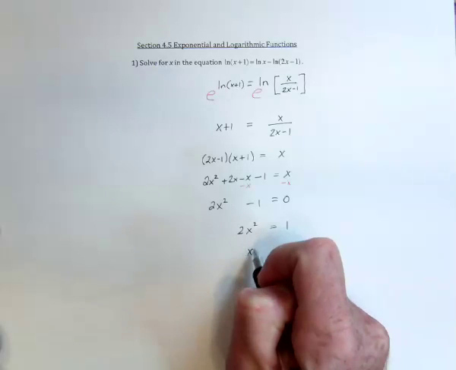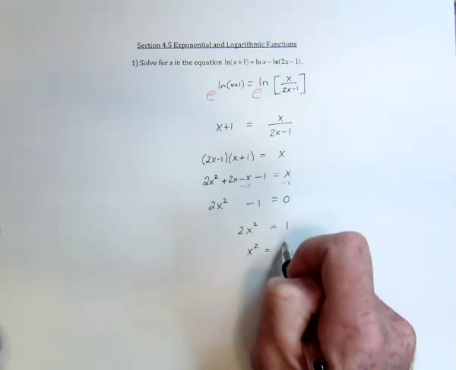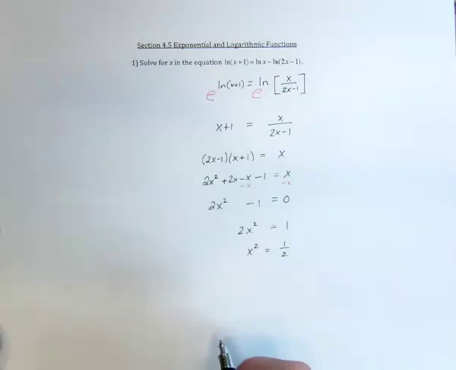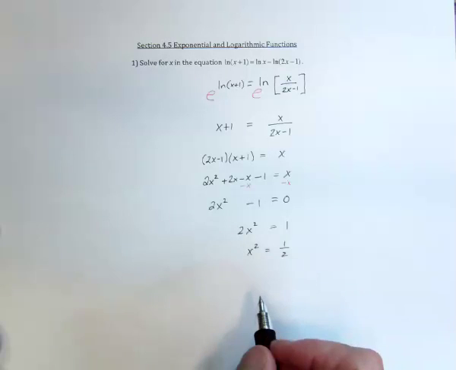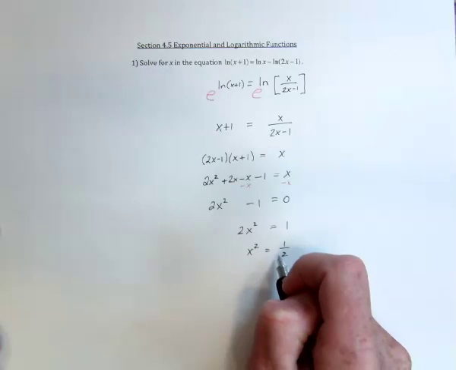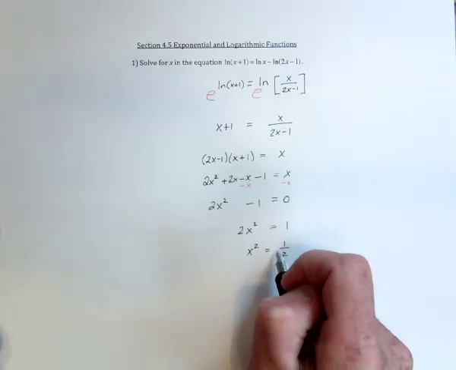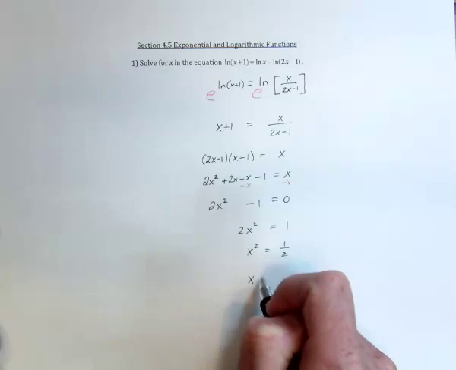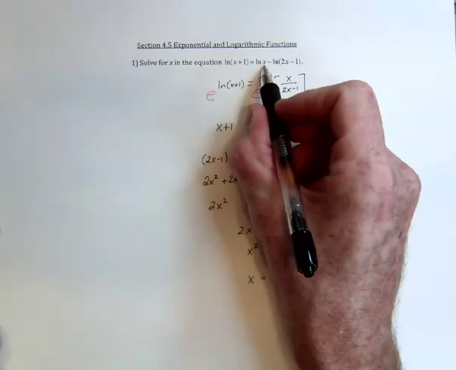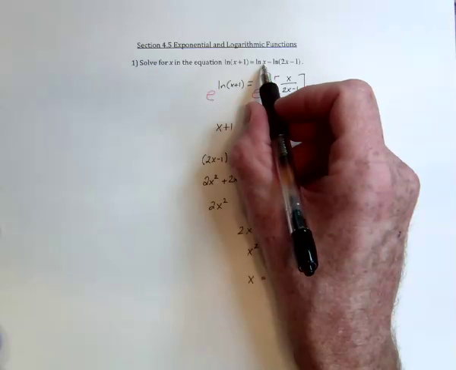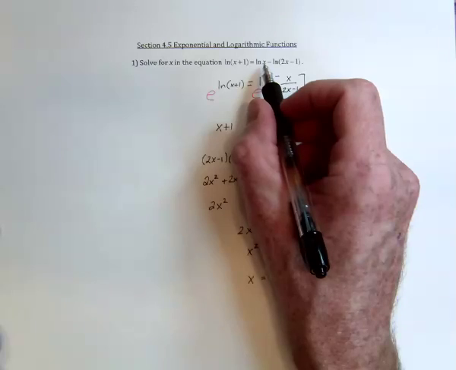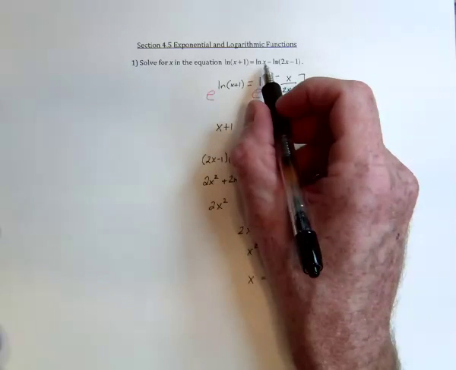Divide by 2. X squared is equal to 1/2. And then take the square root. Normally when we take the square root of both sides, we would say plus or minus the square root. But this can't be a negative. Natural log of a negative we're not going to be dealing with because that would be a complex number.